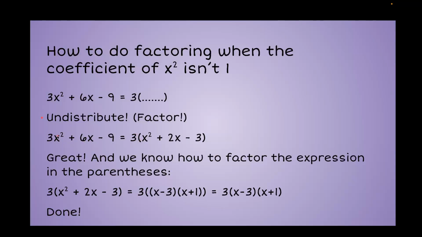Here we have 3, and we're going to pull that out. If you want, you can think of this as an invisible 1. 3 divided by 3 is 1. 6 divided by 3 is 2. And negative 9 divided by 3 is negative 3.